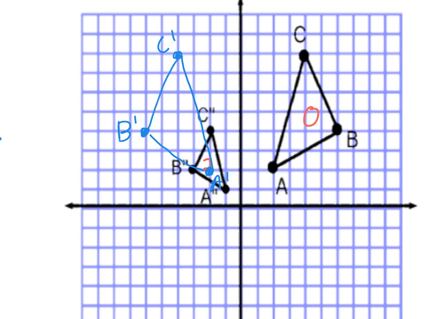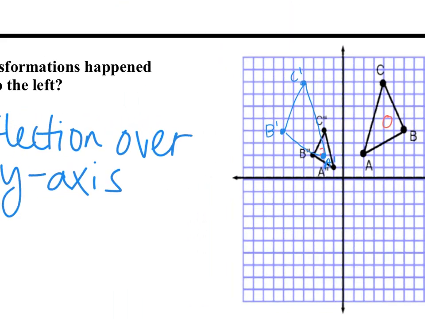See, now it's on the same side, so that was a missing in-between step because I didn't give it to you. You got to figure it out on your own. So then, we're going to look at these points.